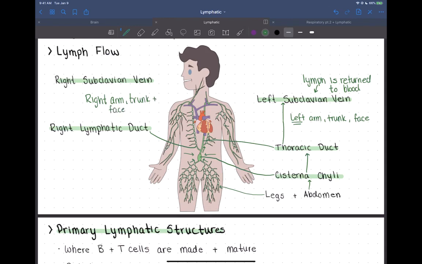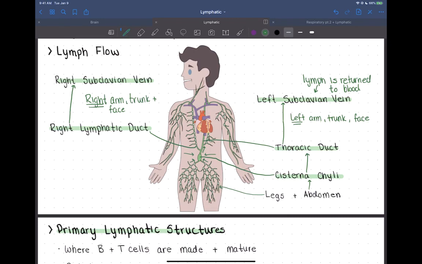Okay, so specifically the right side. And then that right lymphatic duct is going to take all that lymph and it is going to deposit it into the right subclavian vein. So it travels up here, curves around, and joins with this right subclavian vein to return the blood to that vein. Okay, so that is the pathway of lymph.